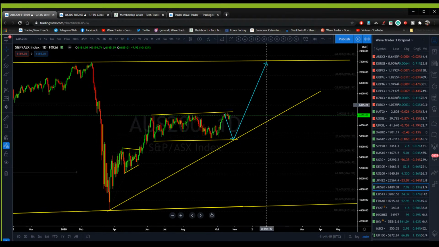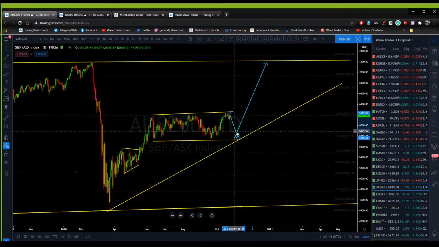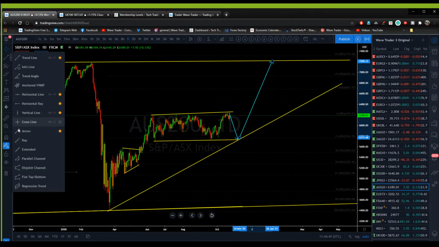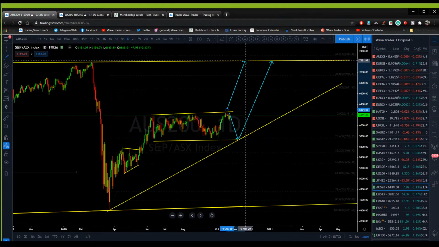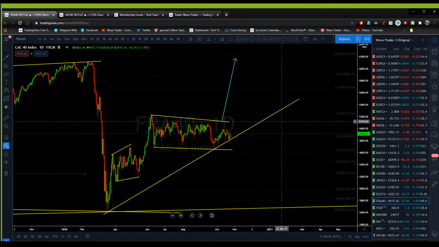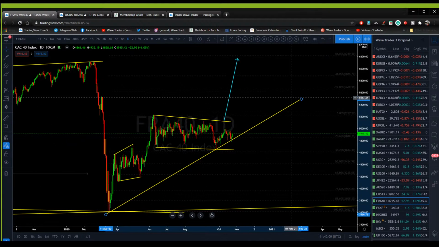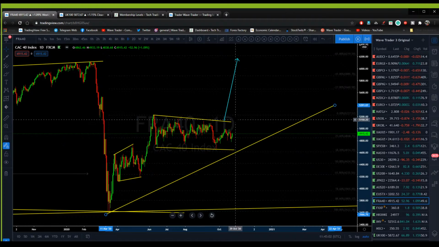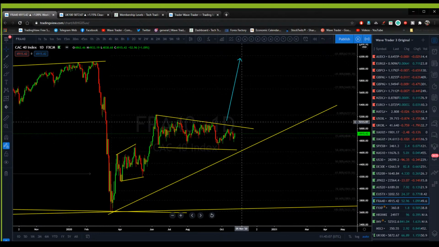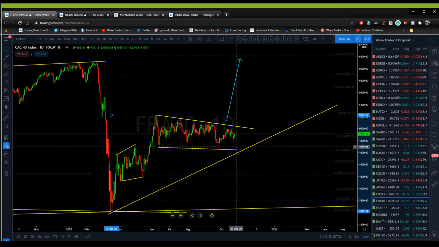We are looking for a breakup and continuing higher, or going down for another leg, testing the bottom and then going higher. The Euro is the same, and CAC 40 is also the same. We are within that flag. Hopefully you understand now.